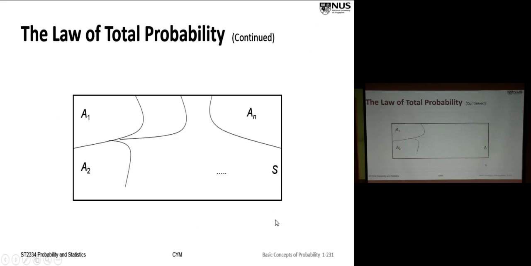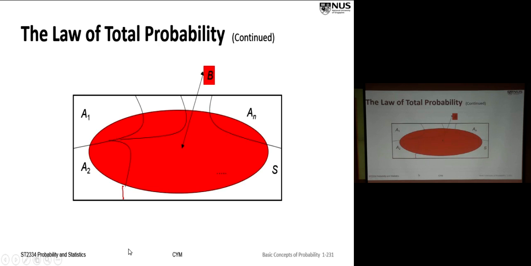So here's the picture. A1, A2, it's supposed to cut over here. We divide it into n parts, non-overlapping, and then this is B. So the probability of B is equal to the probability of A1 intersect B, this part.